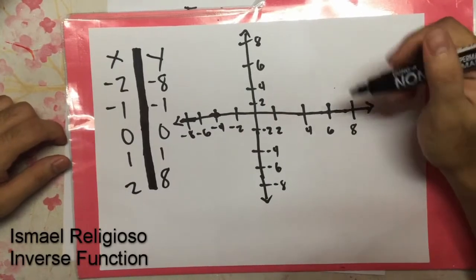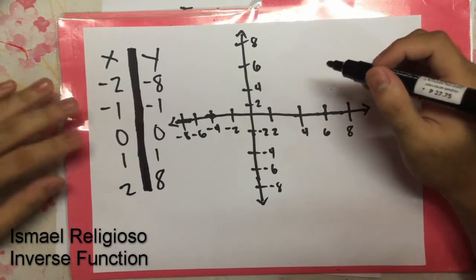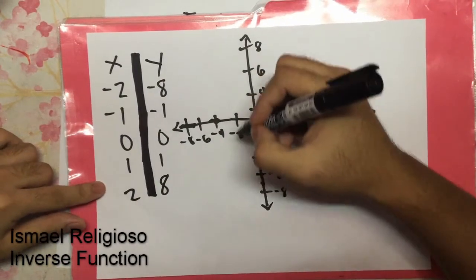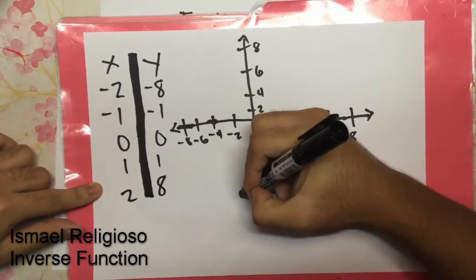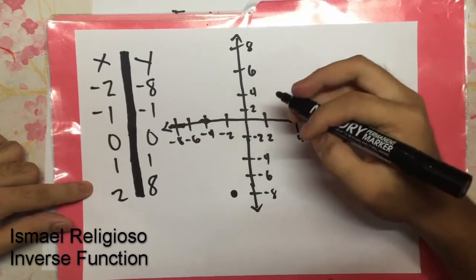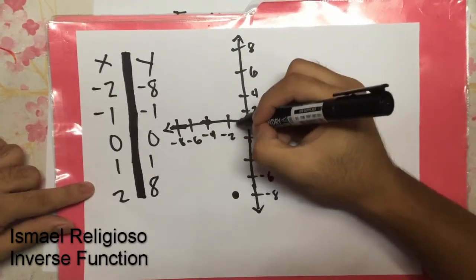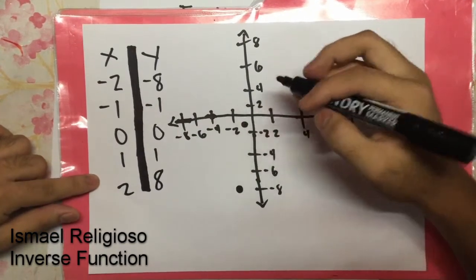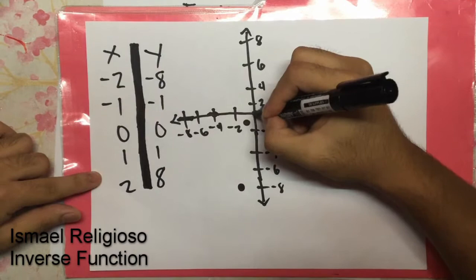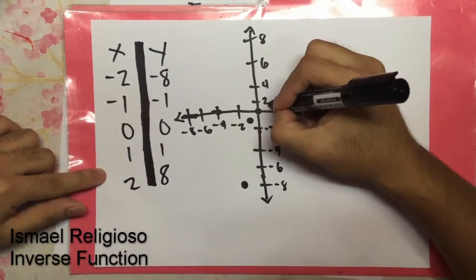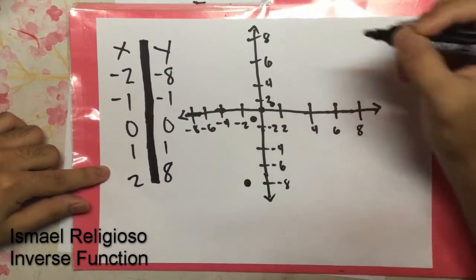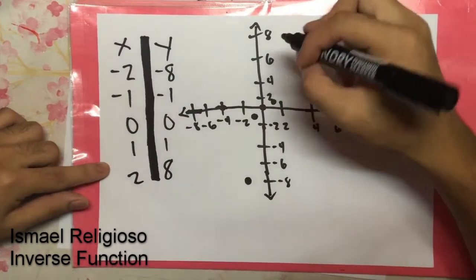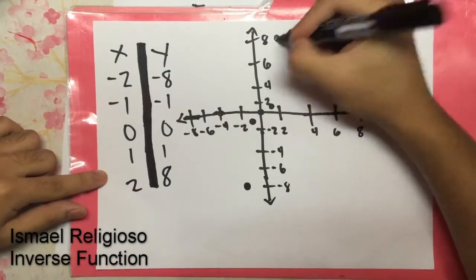So let's plot the chart. So in the x we have -2, and in the y we have -8. So here's the -2 and here's the -8. -1 and -1, so we have it here. 0 and 0, have that. +1 and +1. +2 and +8, so here.